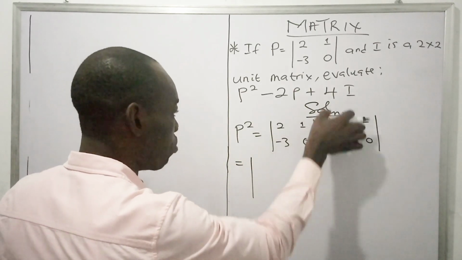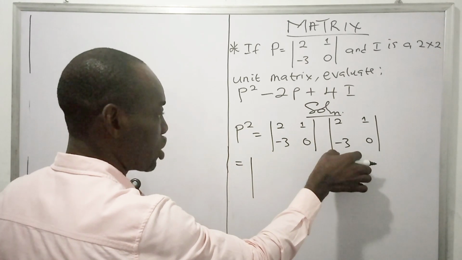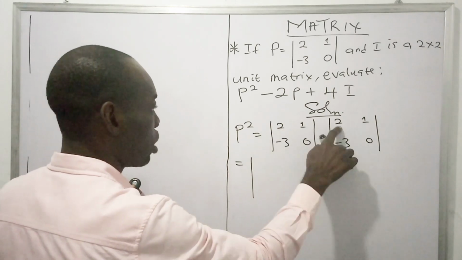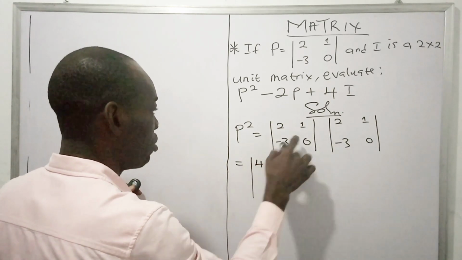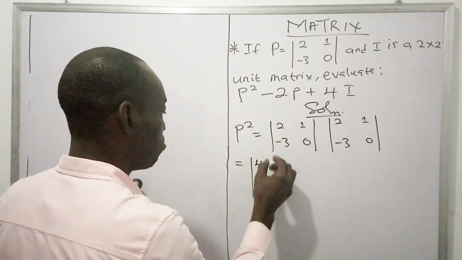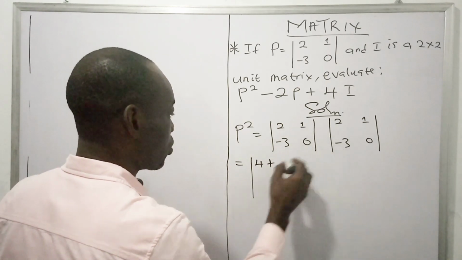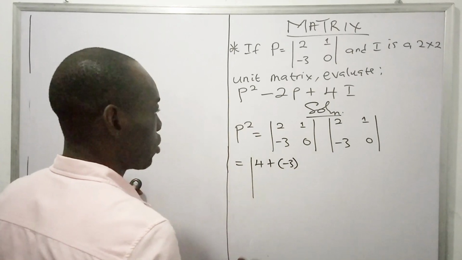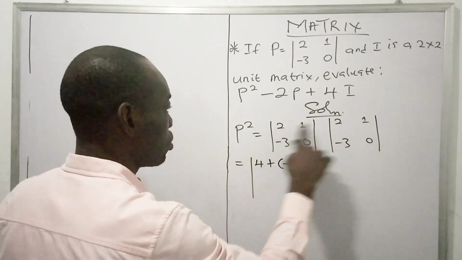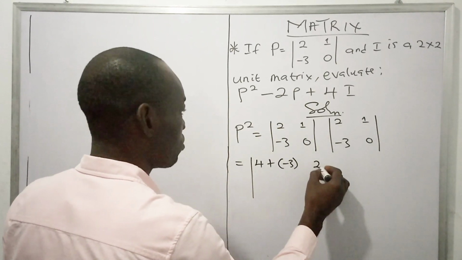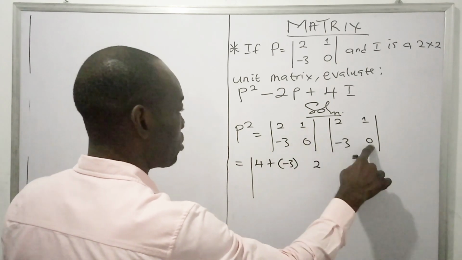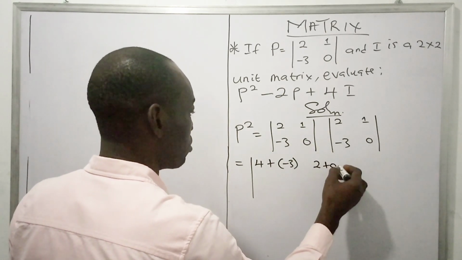Each row will multiply the elements in each column. So 2 times 2 gives us 4, plus 1 times minus 3, that's minus 3. Then for the next one, 2 times 1, that's 2, then 1 times 0, that's 0.